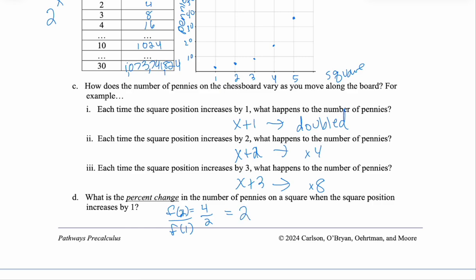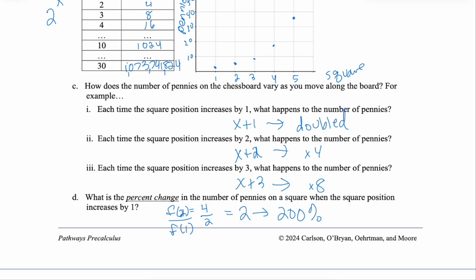We want to change by a multiple of 2. Now let's think of percent change, what that means. That is the same as 200%. So it went up by a multiple of 2, or 200%.